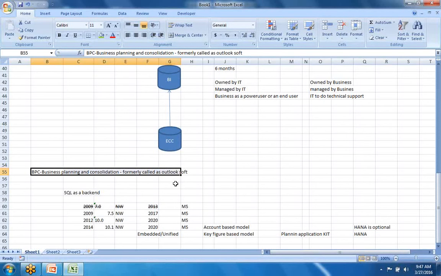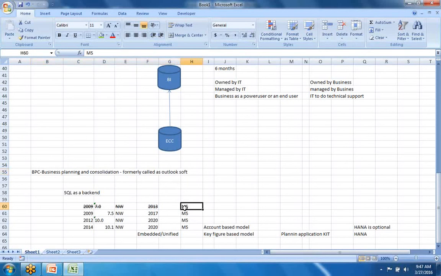Hence SAP has committed to a dual release. That means whenever a NetWeaver version is brought, they will also release the Microsoft version, so that the Microsoft version will be used by customers who don't have an SAP landscape, and the NetWeaver version will be used by clients who have the SAP footprint.